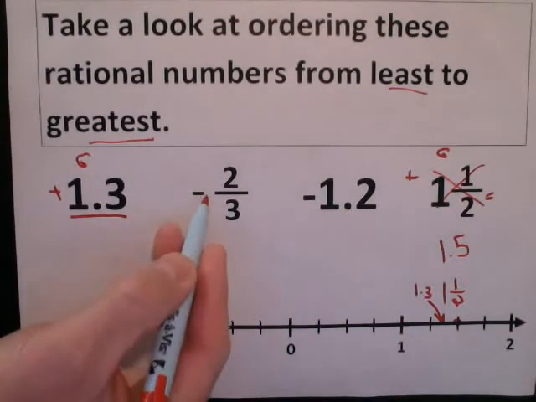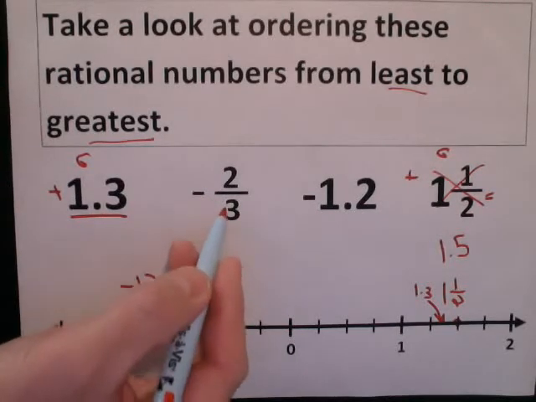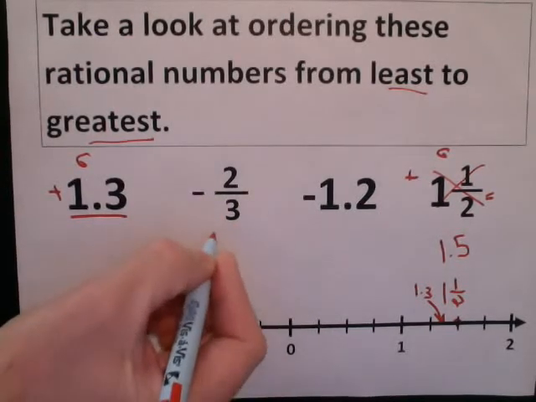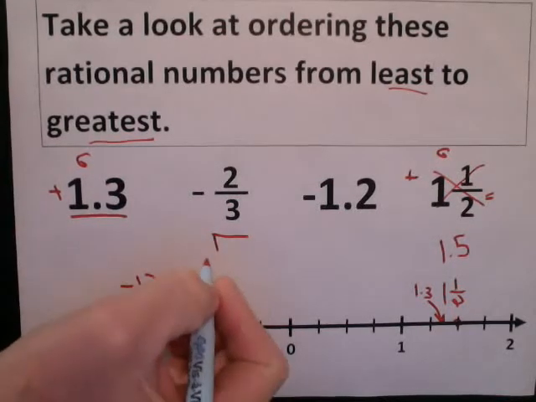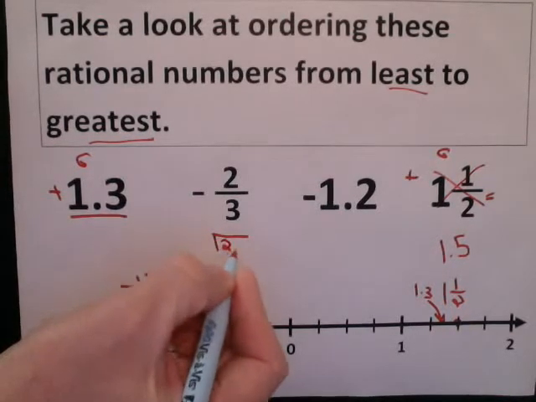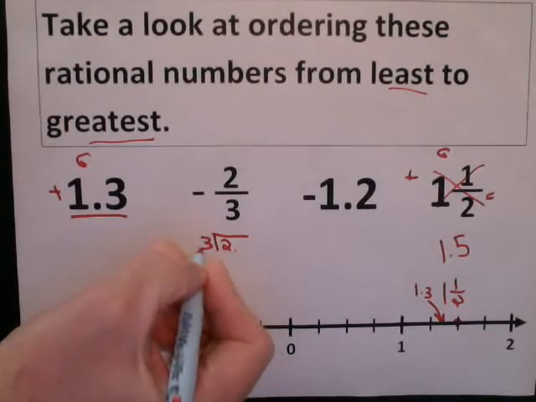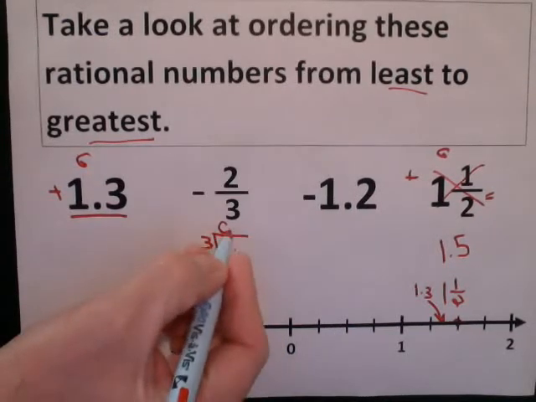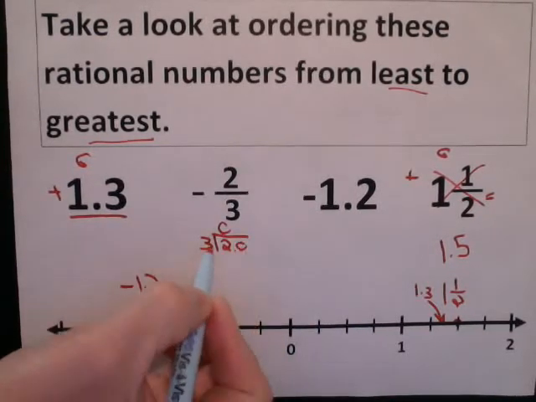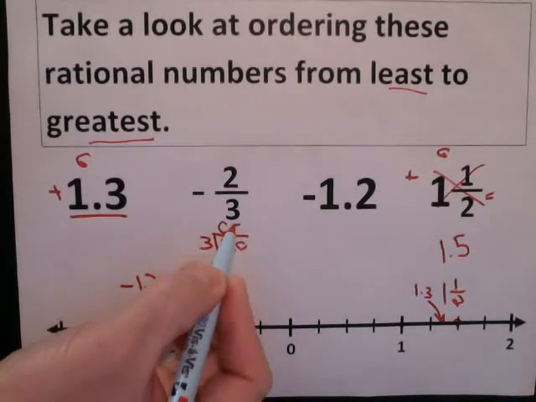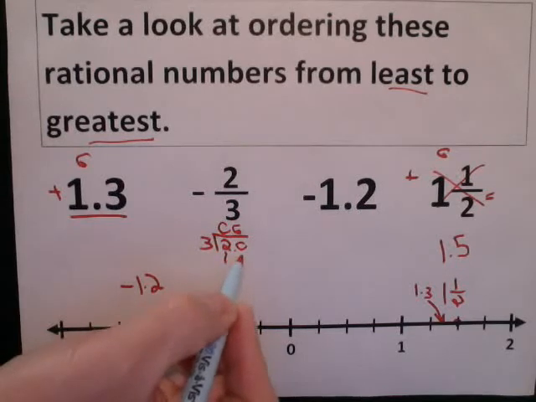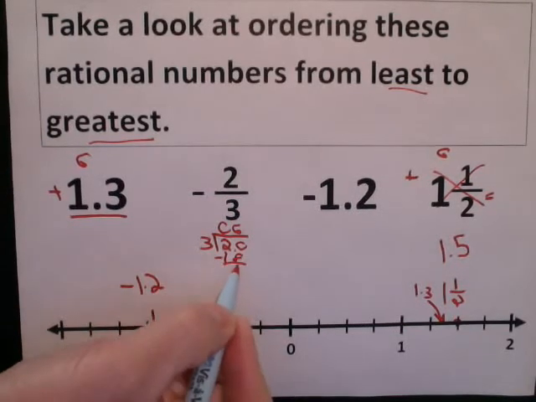But now we want to convert this into a decimal. Well, if we do that, we would then have to divide 2 divided by 3. And 3 won't go into 2, so we would put a 0 up there and annex a 0. And 3 will go into 20 a total of 6 times. So 6 times 3 is 18. And if we subtract, we get 2.